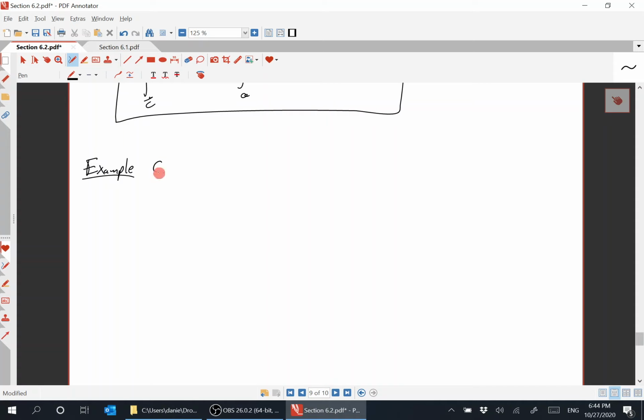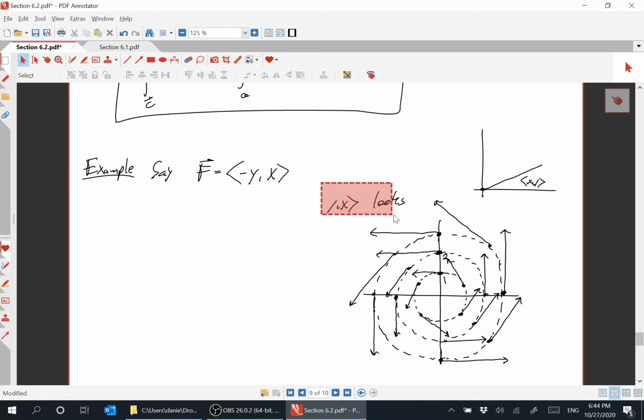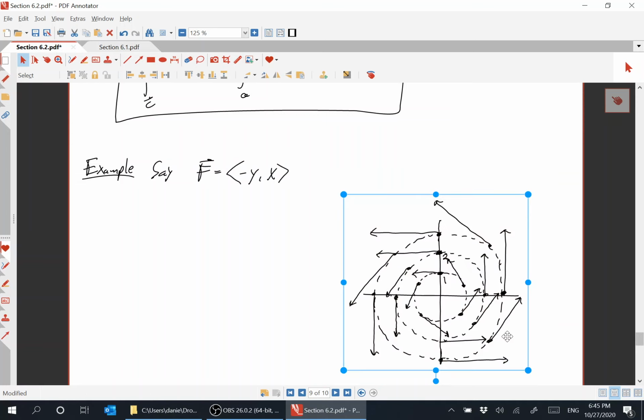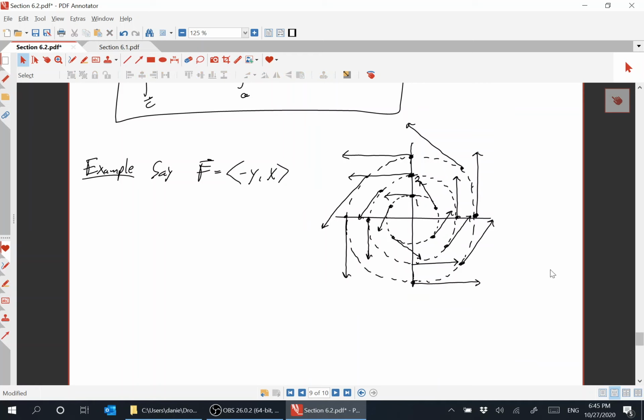So let's say that F is equal to minus y comma x, which was this guy here. All right, this vector field here, and let's take the path to be this parabolic path.